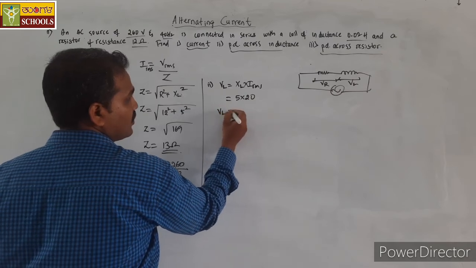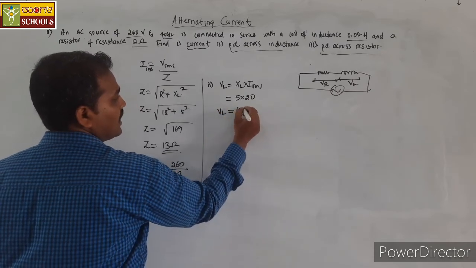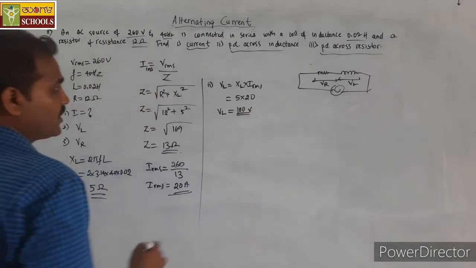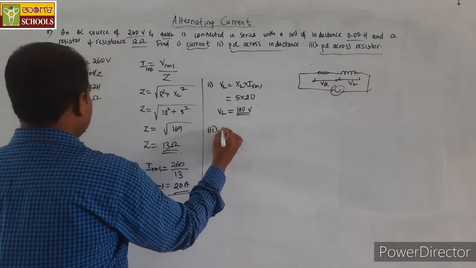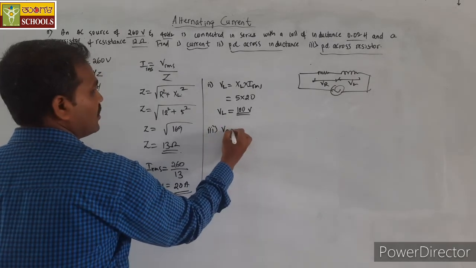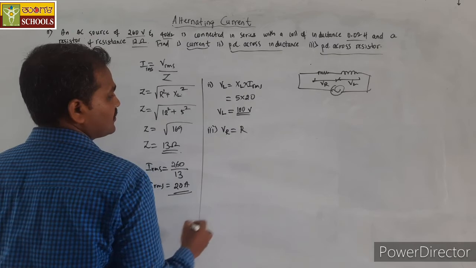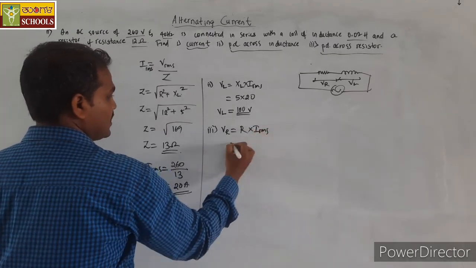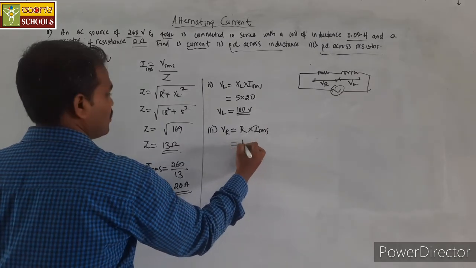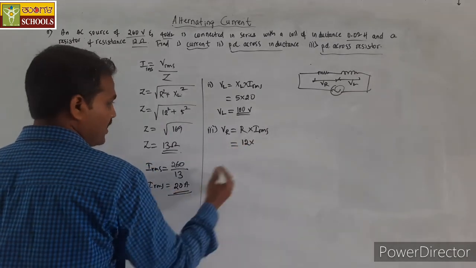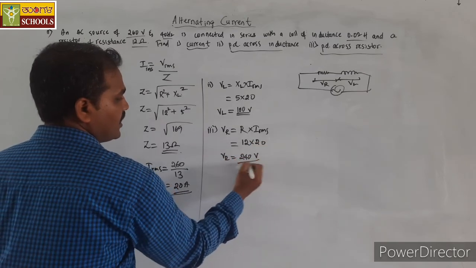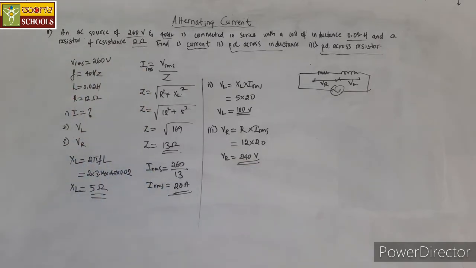So VL is equal to 100 volt. Similarly, number 3, VR is equal to the resistance of the resistor into the current flowing through the resistor, that is I RMS. So R is 12 into I RMS 20. So VR is equal to 240 volts. So this is the solution for the given problem.